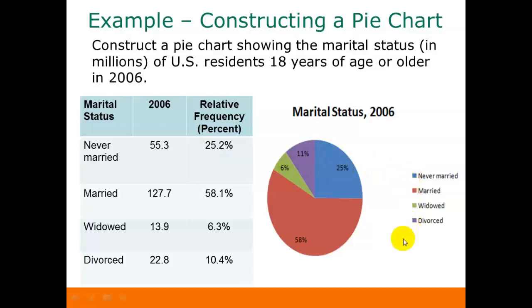One thing that's interesting in this pie chart is if you compare the relative frequencies over here, which were rounded to the nearest tenth of a percent, these frequencies are rounded to the nearest percent. Notice that all of these got rounded down except for this one, which got rounded up to 11%.